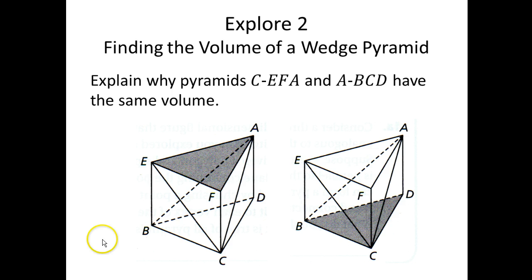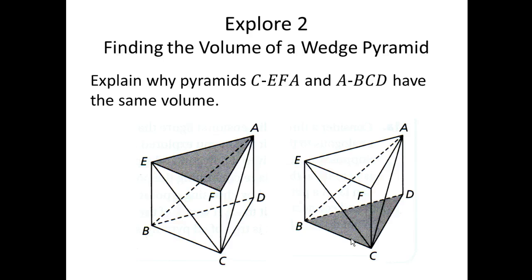So let's take a look at the pyramid CEFA. I'm talking about this pyramid here with the vertex C and the base EFA. Here's the base of that pyramid and here's the vertex. Let's look at the original wedge pyramid and compare their volumes. Well, we constructed this triangular prism so that the triangle EFA would be congruent to triangle BCD.